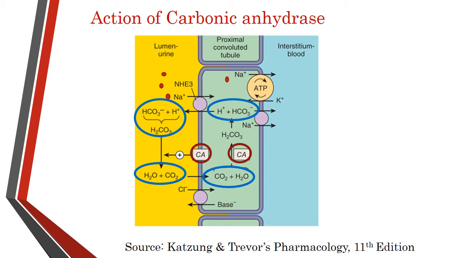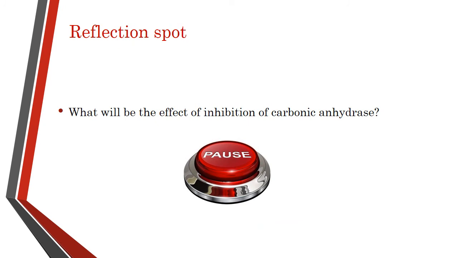Now on the antiluminal side, we have the sodium potassium ATPase. The sodium potassium ATPase actively transports the sodium from the tubule into the interstitial space. This process requires ATP, and thus this is known as the sodium potassium ATPase pump, which is responsible for causing the reabsorption of sodium.